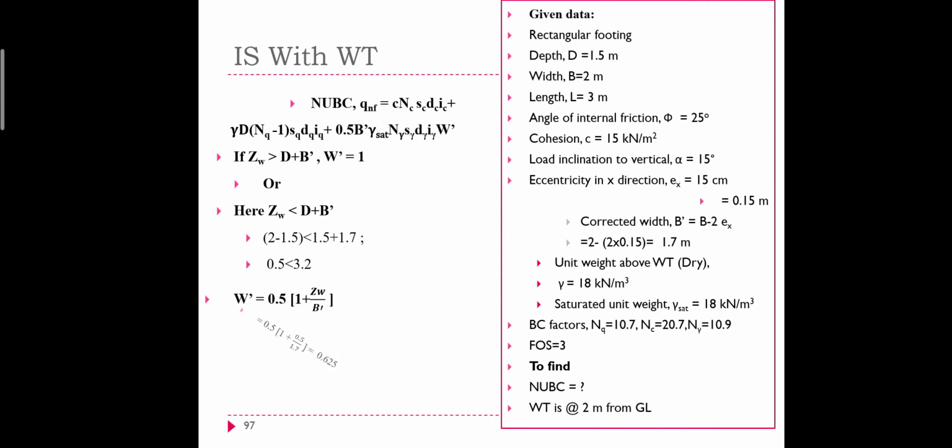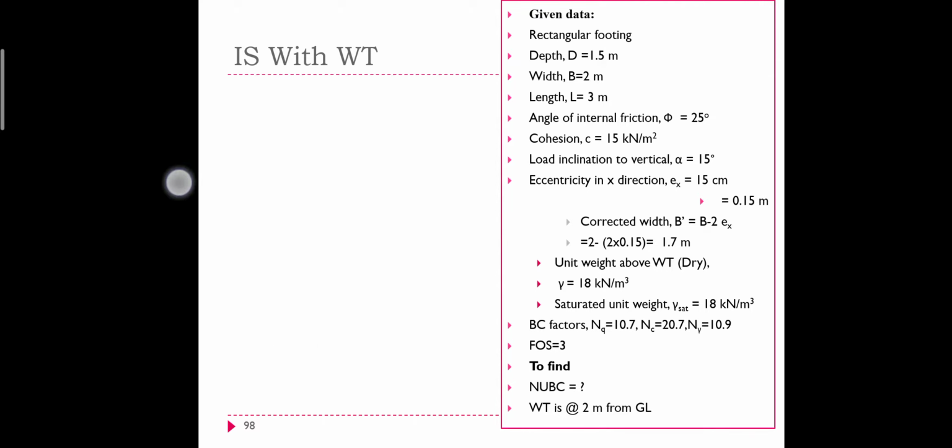So W dash is equal to 0.5 into (1 plus Zw by B dash), that is 0.5 into (1 plus 0.5 divided by B dash, 1.7), that is equal to 0.625.